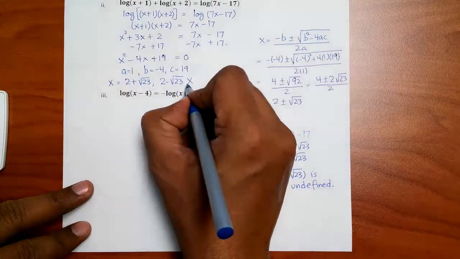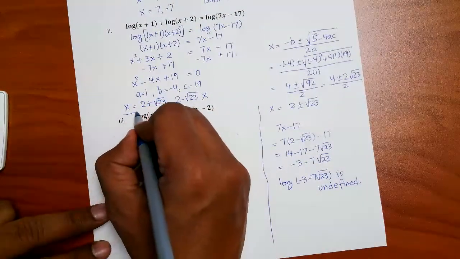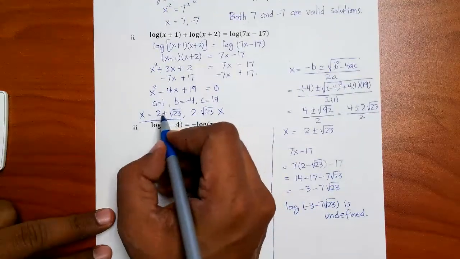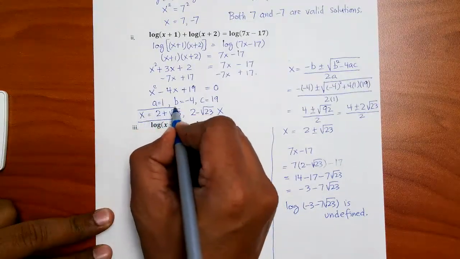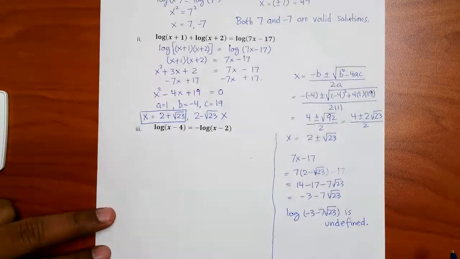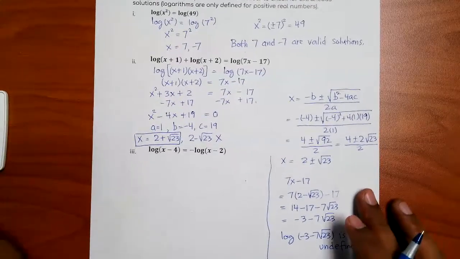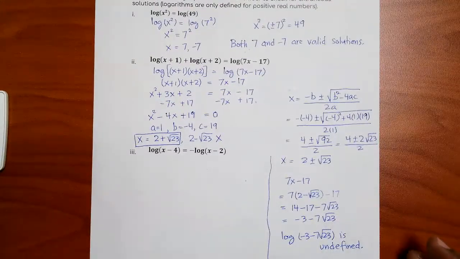I will cross this solution off, and I say that x is equal to 2 plus square root of 23 is my valid solution. Okay, so this is how you solve the problem. Sometimes you have a quadratic equation that you cannot factorize directly, so you use the quadratic formula for that.